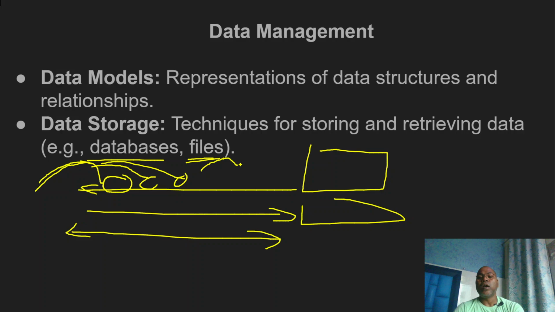Maybe you use a different kind of file system, maybe Amazon S3, maybe a CDN. Different kinds of technology are available, and we just have to choose for the data storage.